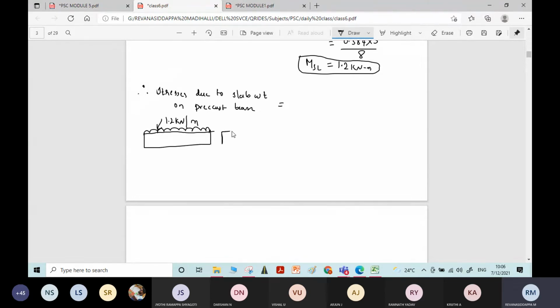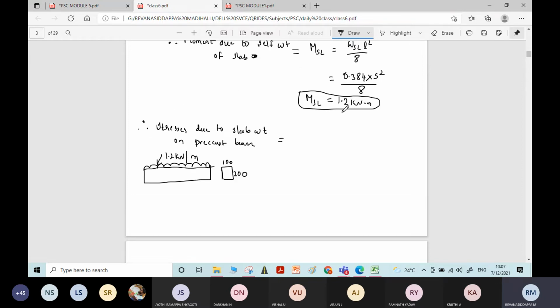Cross section of the beam is given, that is 100 by 200. Okay, so over the beam, this is considered as dead load that is acting. Dead load which is acting on the beam is 1.2 kilonewton per meter. That dead load is from the slab. So therefore the total moment due to the dead load on the beam is 1.2 kilonewton meter.